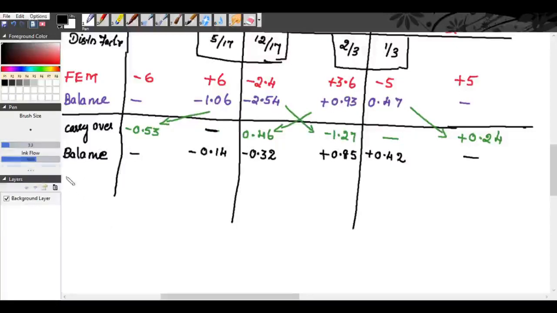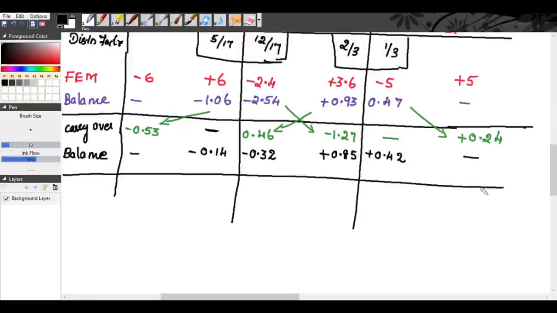Now again carry over. Second iteration, next iteration. We will carry over the moments, and then you have to balance. When you are carrying over, from the fixed end it does not carry. From B it is carrying. So minus 0.14 divided by 2, we get minus 0.07.